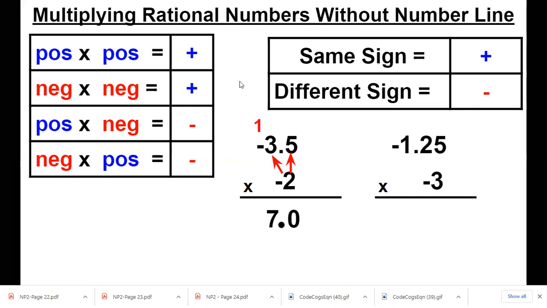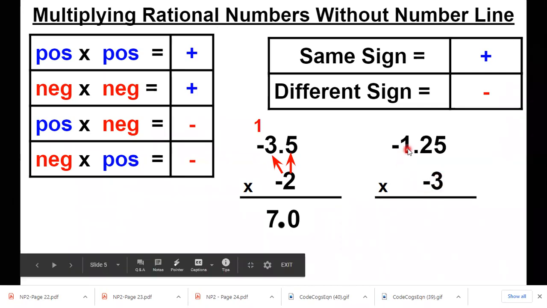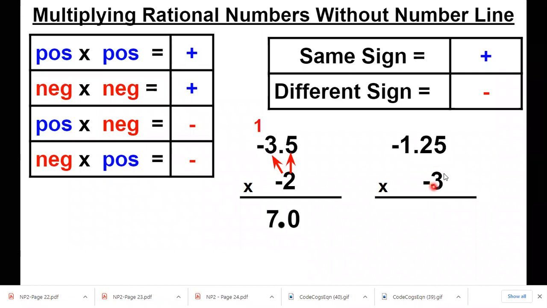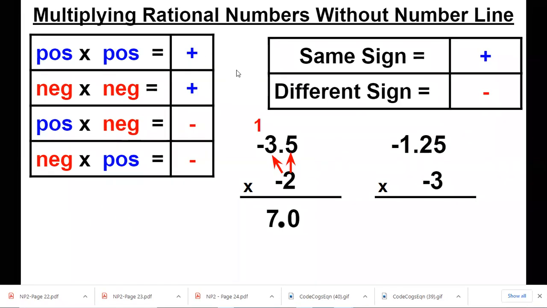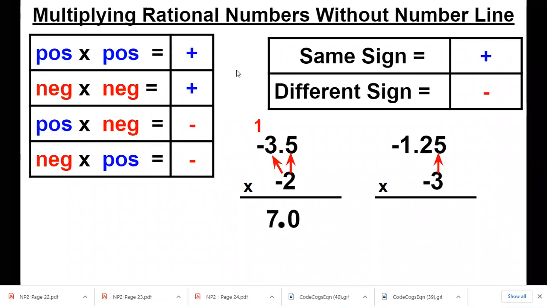Okay, this was the second number line, negative 1.25 times negative 3. And notice how I am not putting the 3 over here. I'm just lining it up, pretending like I don't even see the decimal, just lining it up like I would a normal multiplication problem. Then I'm going to multiply the negative 3 times each number above it, starting with the 5. So negative 3 times 5 is going to be 15. So I'm going to put down the 5 and carry the 1.